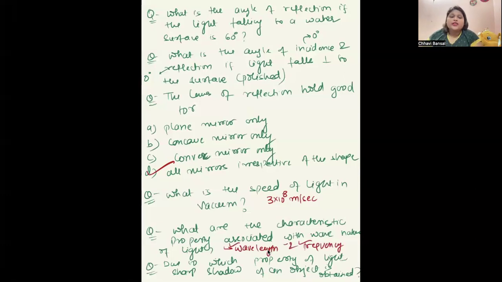Fine. Next question. Due to which property of light, sharp shadow of an object is obtained? This is the first thing we discussed in this video. The very first thing, that light travels in a straight line, right?